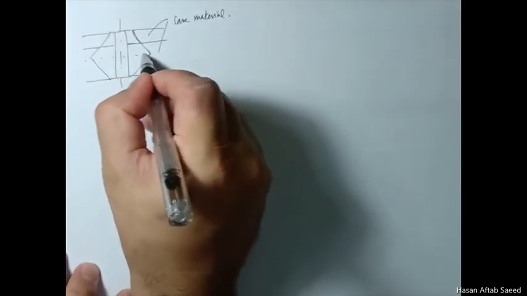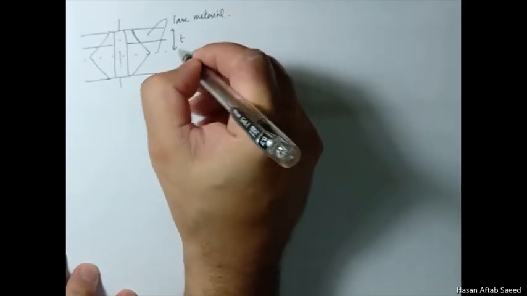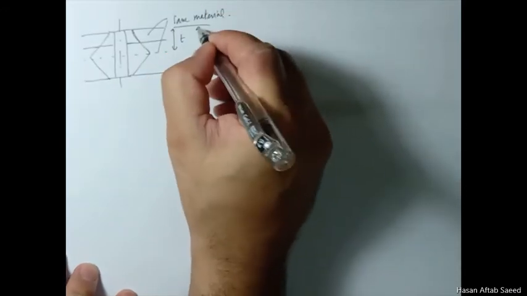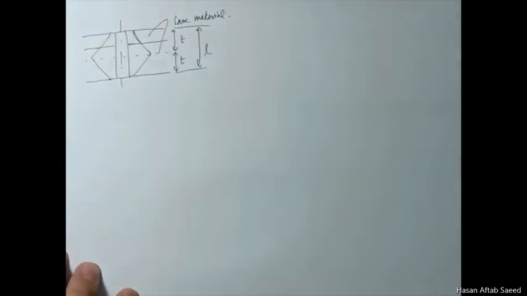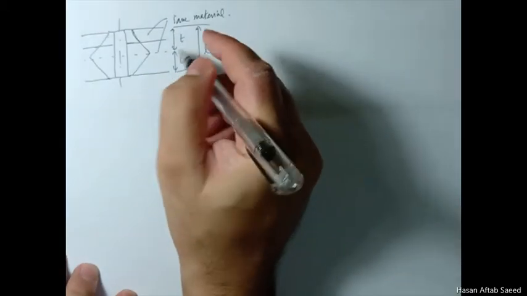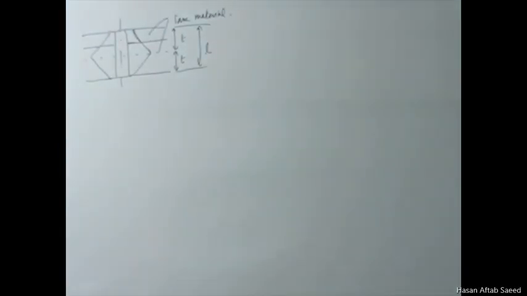If the whole length is L, you can simply take both of them together and calculate this once. Actually, you have to do it twice, but you can do it just once. I'll explain how. These are the thicknesses. So what you do is, in the last formula for t, we'll just put L over 2.